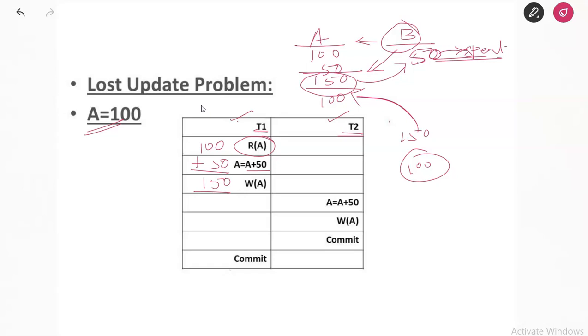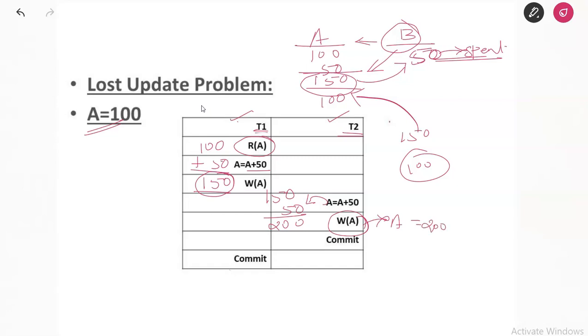In the meantime, T2 comes in. T2 tries to add another 50 rupees. It will be added to rupees 150. So now the total becomes 200 and that will be written to A's account.